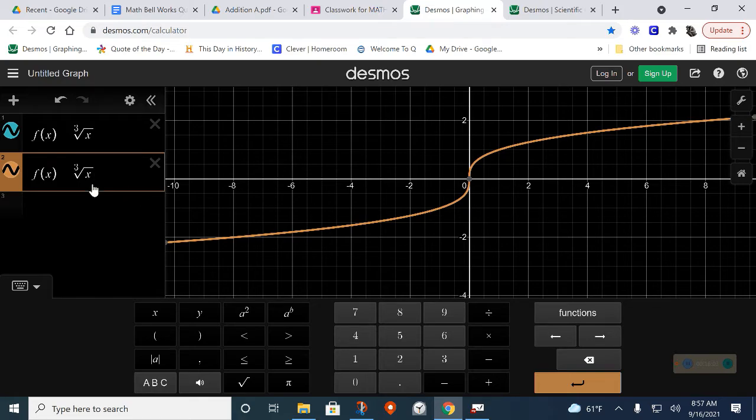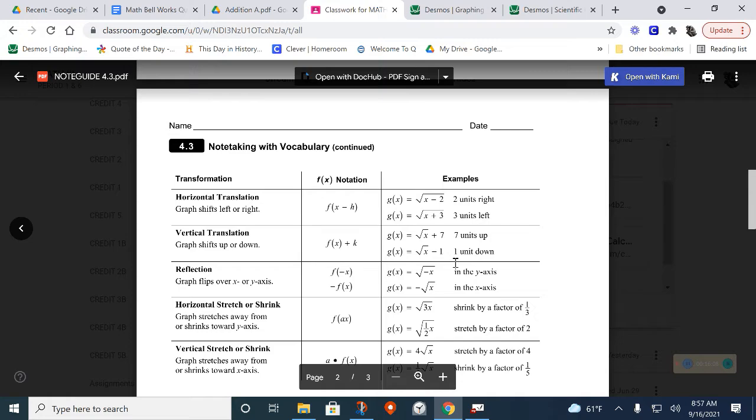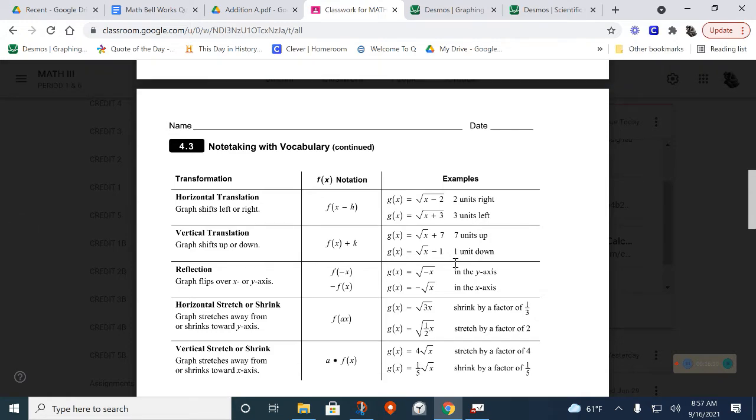But look at this. What I'm going to do is look at it on your screen. I'm going to shift the graph left or right by either subtracting or adding something to the x. Let me subtract 5 from x.